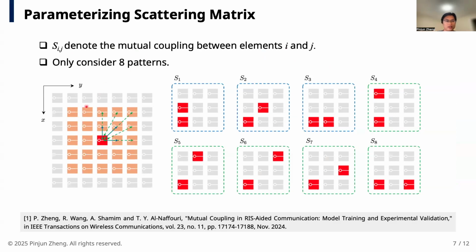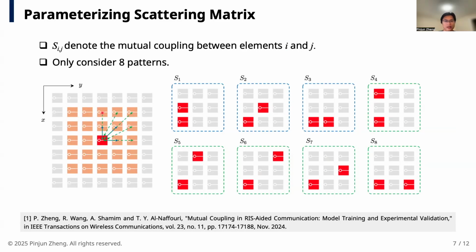If we consider a uniform planar array of RIS elements, we know these S parameters have some patterns. For example, we can treat the mutual coupling between this element and this element, and the mutual coupling between this element and this element, as the same. I do agree that rigorously they are different, but we have to make this approximation to simplify the problem. Otherwise, we have too many parameters to be estimated, right?